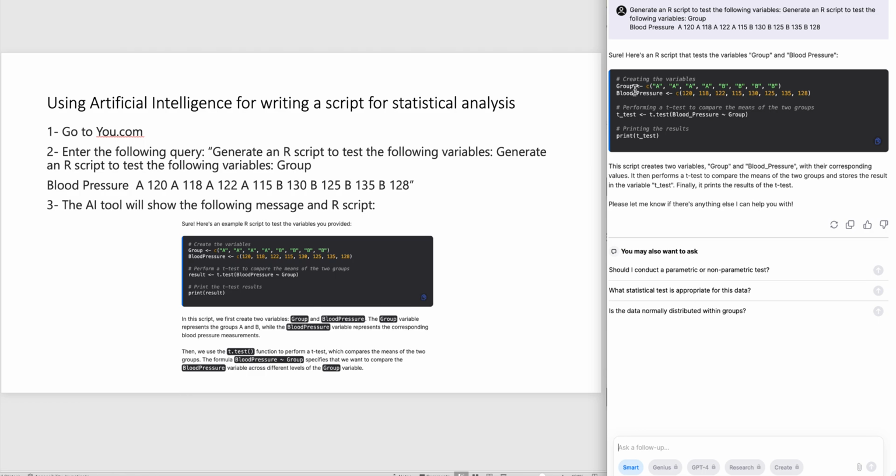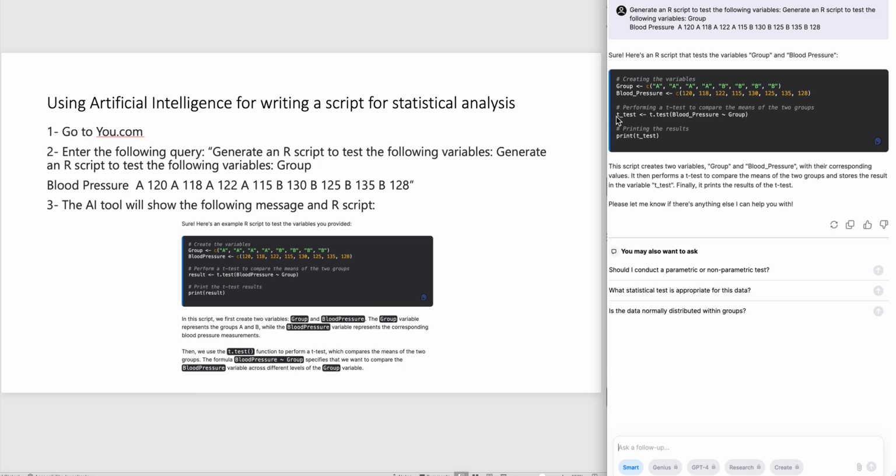Here it says group, and then there is of course some script for RStudio. Then we see that the way the data is entered is this way, and the blood pressure also in another line.